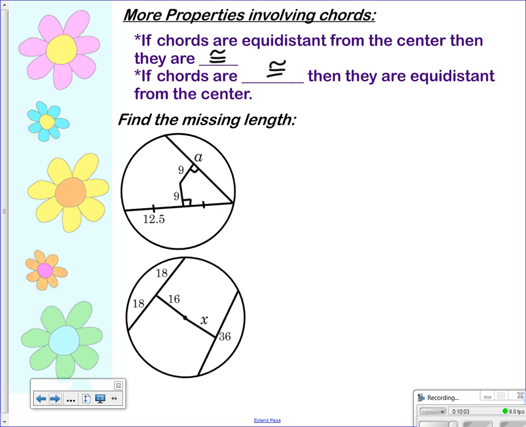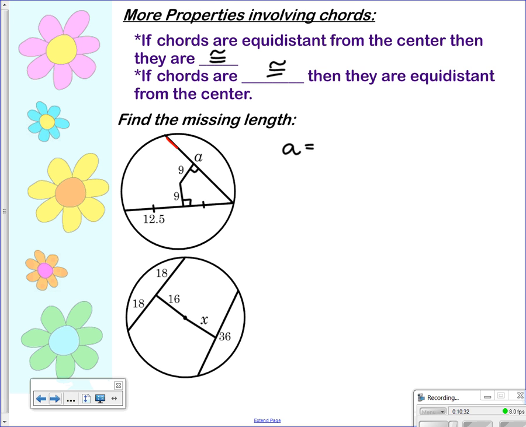If you notice, what we're doing is we're trying to solve for A, which is the length of this chord. So let's look at the first property that you wrote down. It says if chords are equidistant from the center. So let's stop there. Notice we have two chords going on.